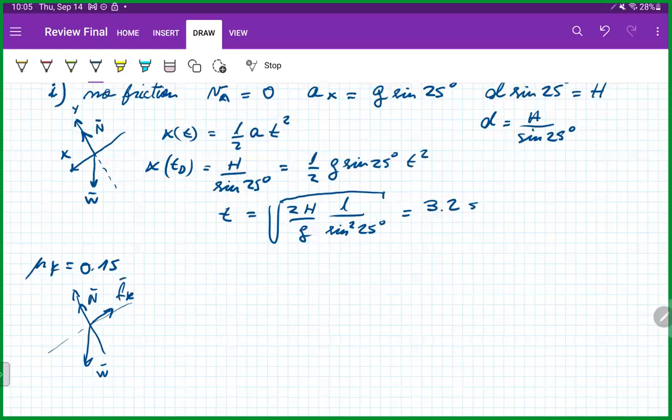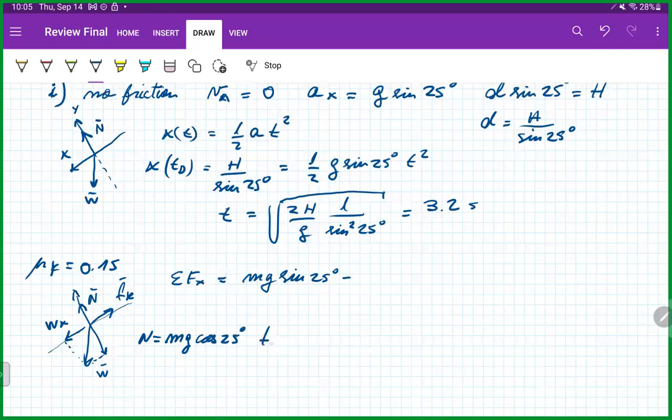Right? And now the sum of the forces on the x-axis is going to have the component of the weight x, which is going to be mg sine of 25 minus the friction. We've just done this, so let me make it faster. N is going to be mg cosine 25.